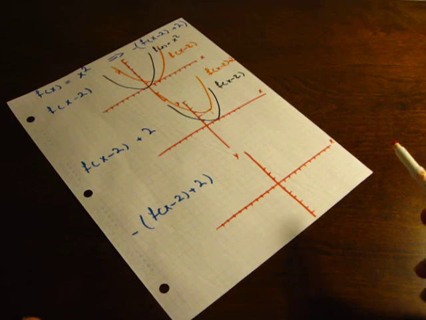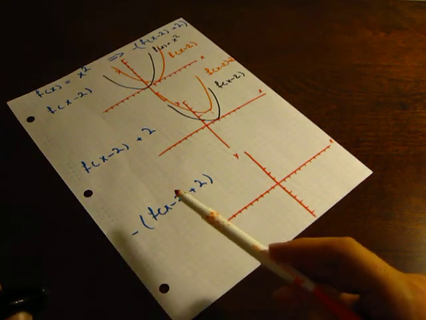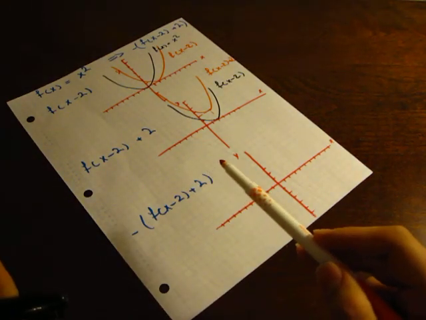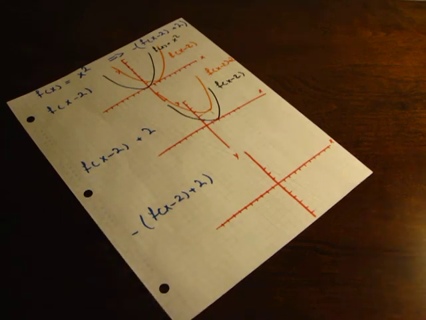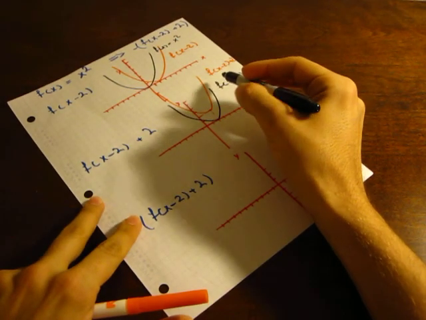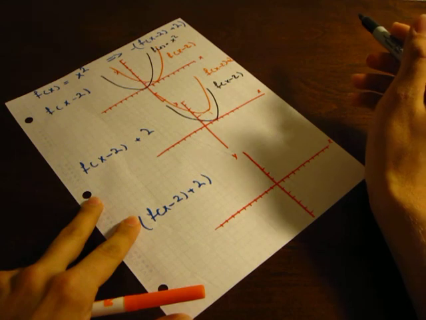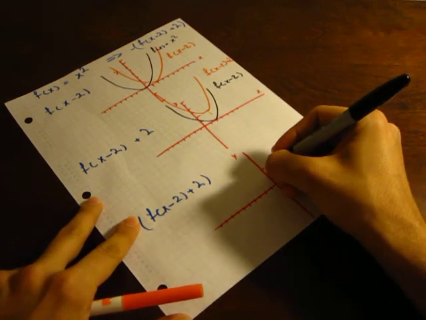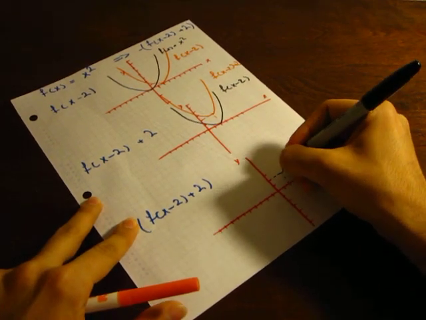The third step would be negative f of x minus 2 plus 2. So I already know the graph of f of x minus 2 and then plus 2, which starts from right here.